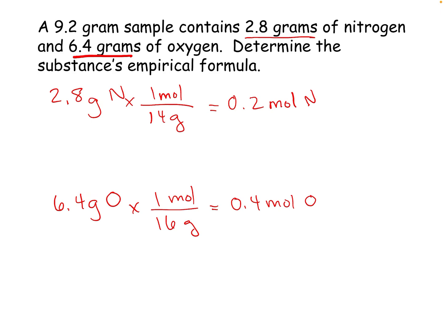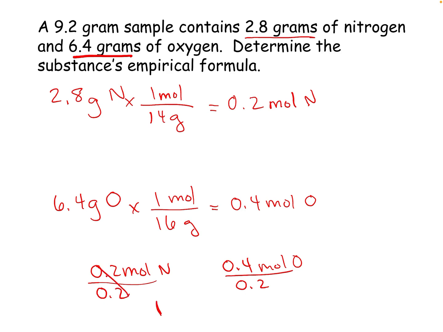Okay, so then it says divide each by the smaller. So who's smaller, 0.2 or 0.4? Clearly 0.2. So I'm going to have 0.2 moles nitrogen and 0.4 moles oxygen. Divide each by whichever is smaller. So when this divides out, you get a 1.